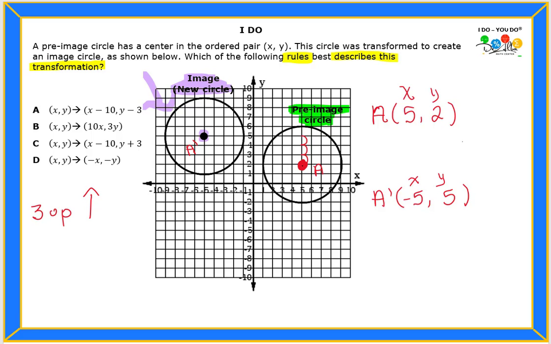Does that line look like x or y? Is it running horizontally or vertically? It's running vertically, up and down. That should remind you of the y. If it goes up, it means positive. So my rule is going to be y plus 3, because I'm going 3 up.